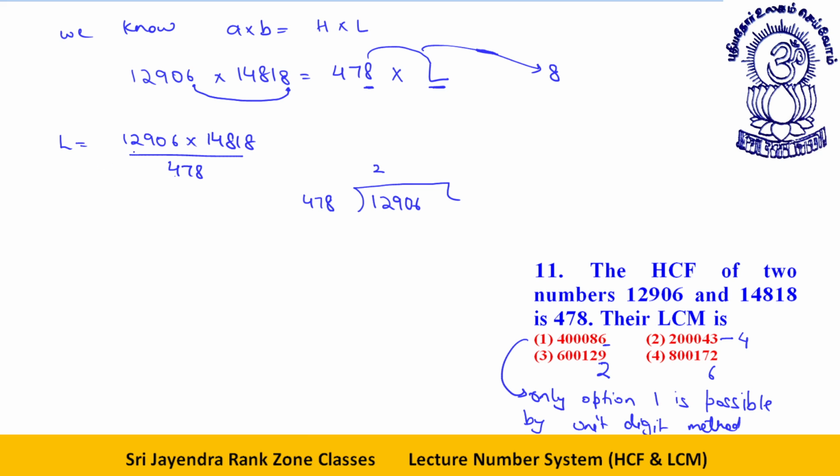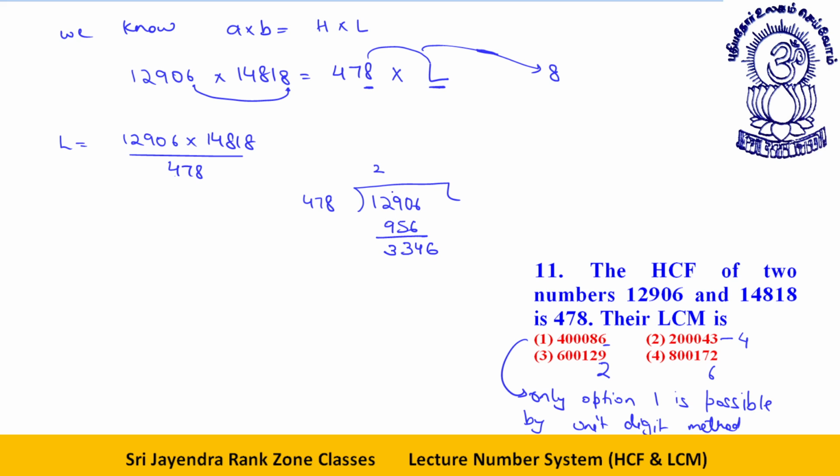So where were we? 800. This is 78 into 2, 156. 800 plus 156, 956. Okay. 90 minus 56 is 34. 12 minus 9 is 3. 334. In the end, it will be a 6.